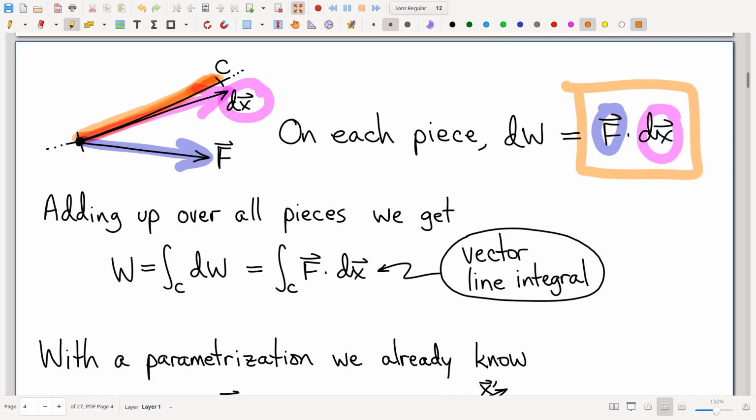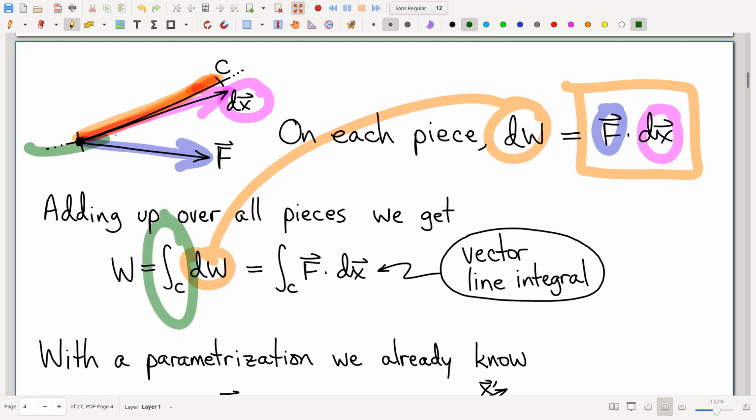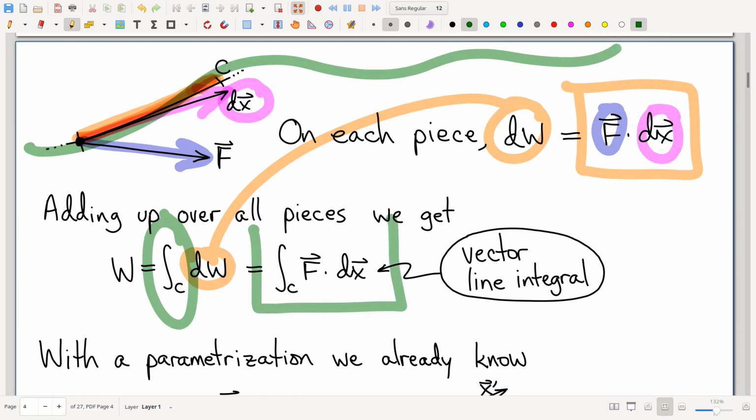On this little piece of the curve C, that's the amount of work that it takes to traverse that little piece of curve. And then we're going to just declare that we're going to add that up. So I'm going to add up over the entire curve, whatever that entire curve is, right? We'll just say integral and add up all of these pieces.